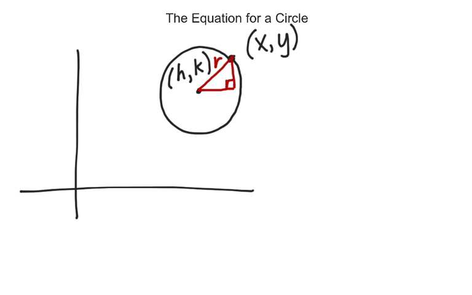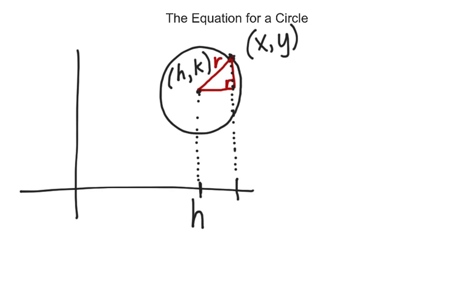Let's figure out what the base is. So if you go straight down from the center to the x-axis, think about what's the coordinate here? What's this x value? Well, that's just the x value of the center of the circle, which would be h. Then let's do the same thing from the point on the circle. Let's travel straight down to the x-axis.